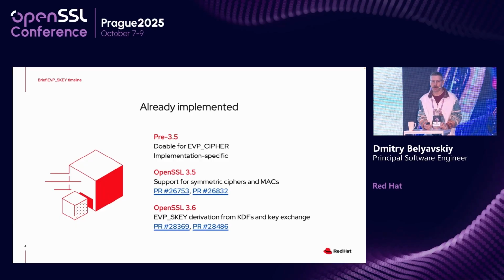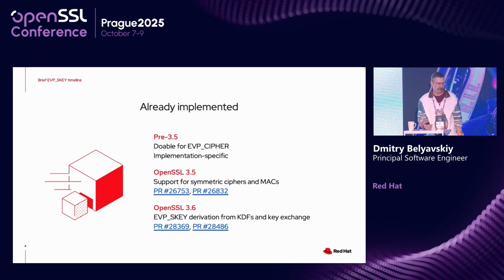In the pre-3.5 period, you could somehow implement a very custom method. You could export handles or raw pointers to some objects and pretend that it is a key. But it was basically a set of hacks, and there were no good options to do it in a universal manner. Now we are moving step by step to implement it in an OpenSSL-friendly manner.